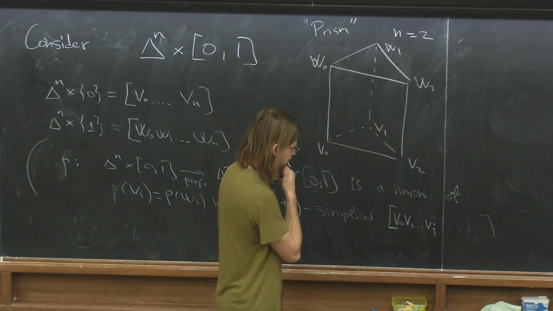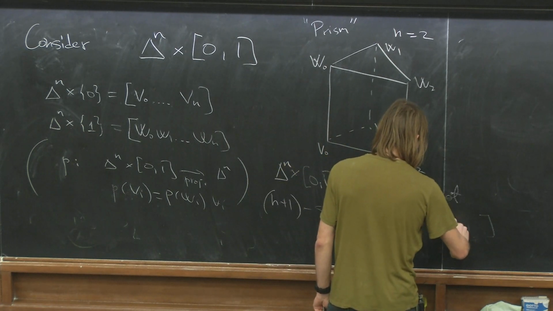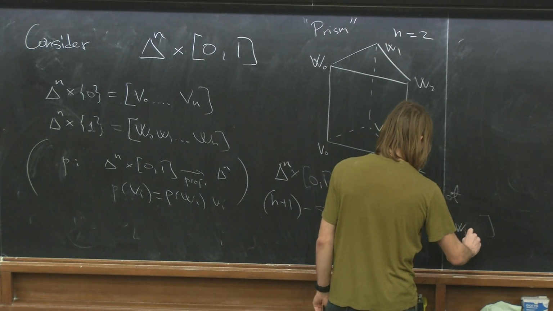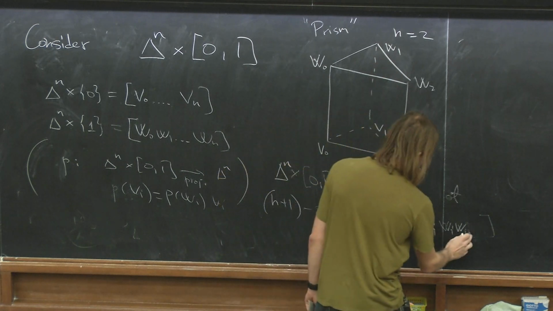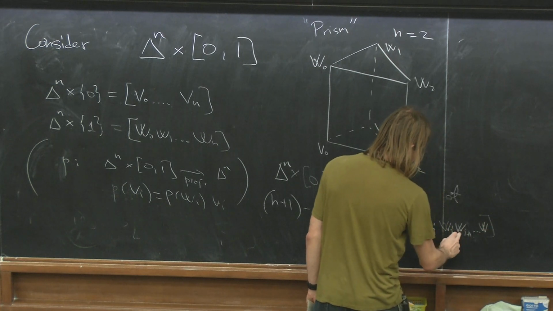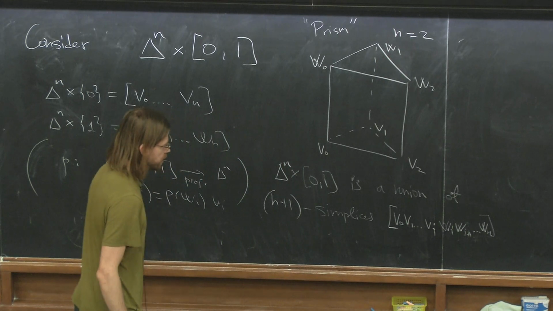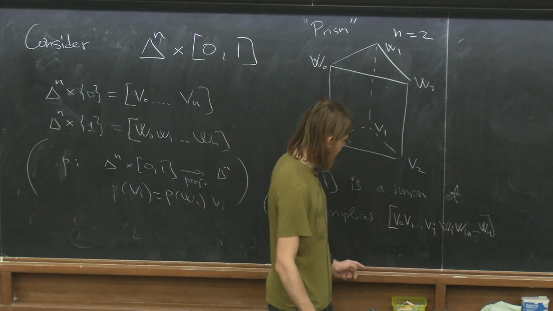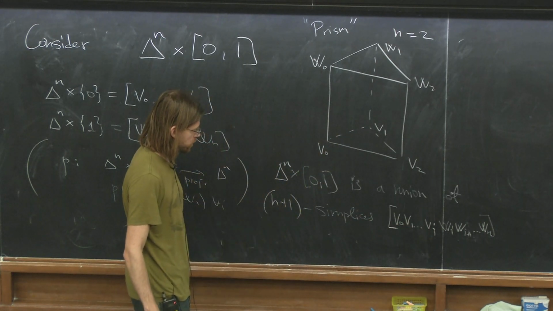But after Vi, we take Wi, and then we continue with the same order as we had for the top simplex: Wi, Wi plus 1, up to Wn. You can see that the total number of vertices is n plus 2, so this is indeed an n plus 1 dimensional simplex.